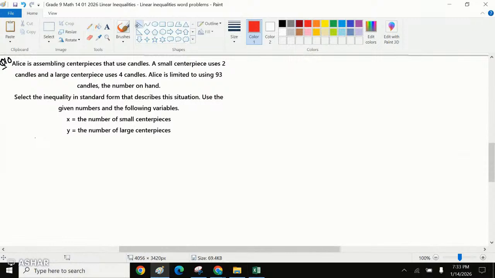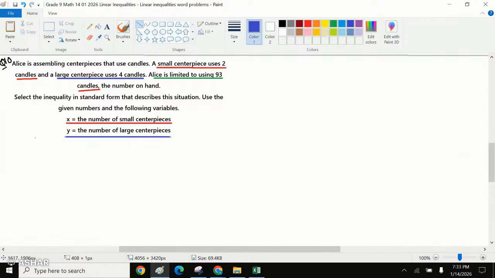A small centerpiece uses two candles, okay? A larger centerpiece would use four candles, right? Alice is limited to using 93 candles only. She has a limit. She cannot exceed 93 candles, right? So let's confirm. X gives the number of small centerpieces and Y gives the number of large centerpieces, okay?